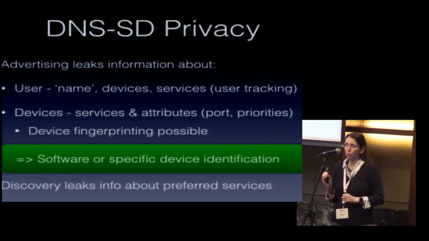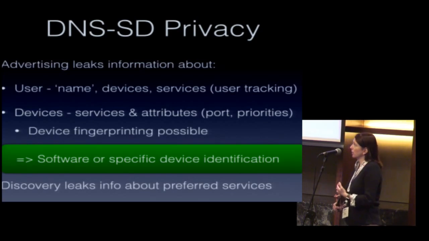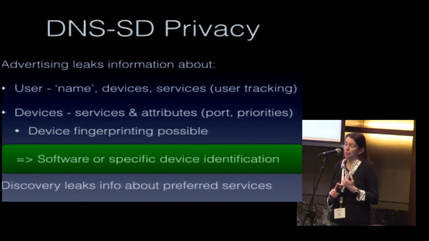So, for example, which ports they use, which priorities they use, lots of details. And intelligent attackers, it has been shown, can actually use this to determine things like which software version you are running. And therefore, that means they might be able to detect known exploits in unpatched software. Similarly, they can actually dive right down to specific devices if they have enough information.